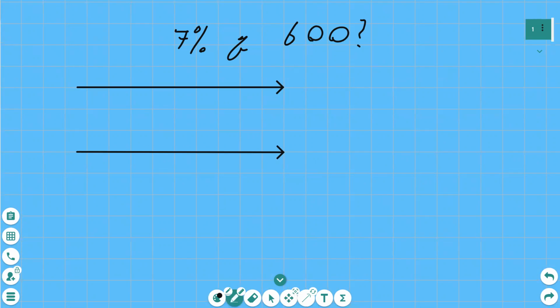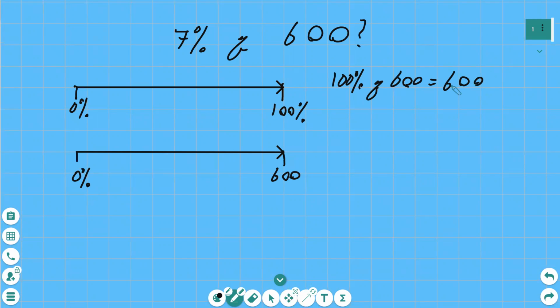Our two number lines, one for the percentage, one for the number. So of course, 0% is there. 100% is there. Now we know that the whole number, 100% of the number is 600. Let's write that down. 100% of 600 is 600, the whole number.